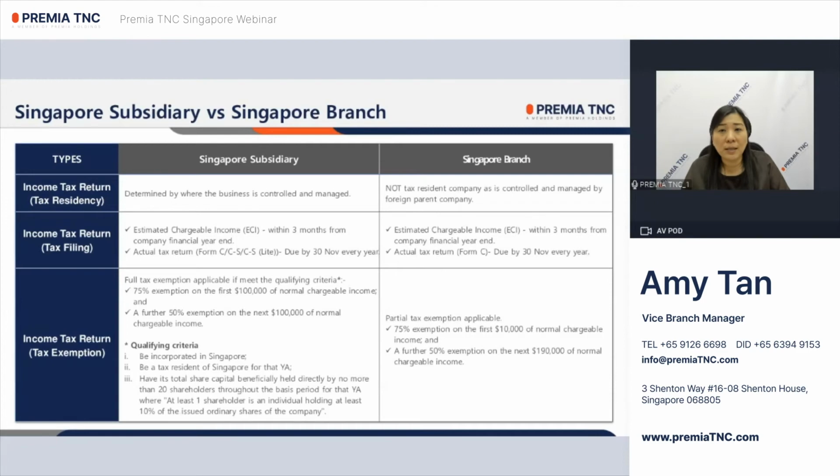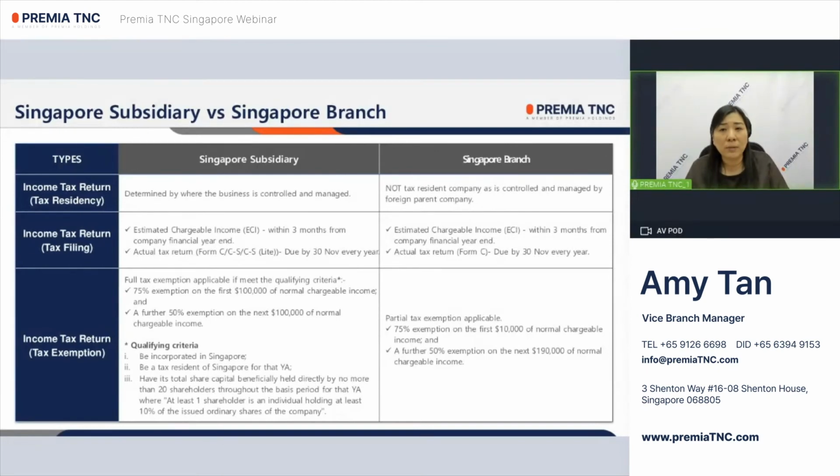Now we come to the last comparison table, which I would like to share the information in regards to the income tax return. In terms of tax residency, Singapore subsidiary is determined by where the business is controlled and managed. Singapore branch is not a tax resident company as it is controlled and managed by the foreign parent company. Tax filing.